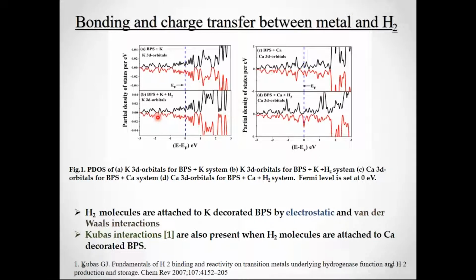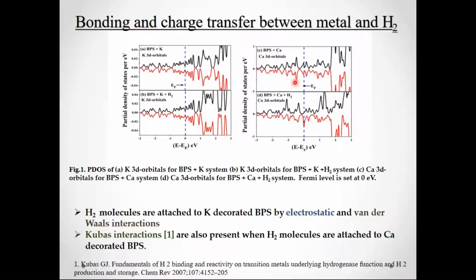Next, to investigate the charge transfer between metal and hydrogen atom, we have plotted the partial density of states of the metal d orbital before and after the adsorption of the first hydrogen molecule. We have found that in the case of the potassium atom, the nature of the partial density of states is almost similar in the case of potassium decorated biphenylene and potassium decorated biphenylene with one hydrogen molecule, which indicates that hydrogen molecules are bound only by weak electrostatic and van der Waals interactions.